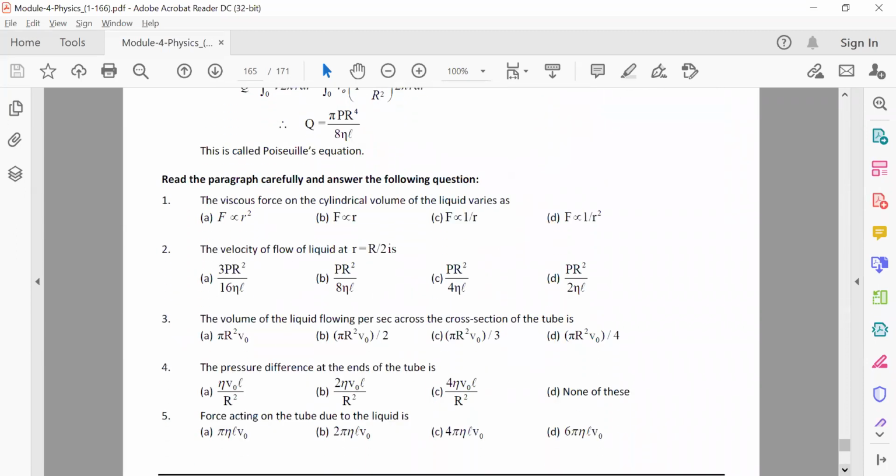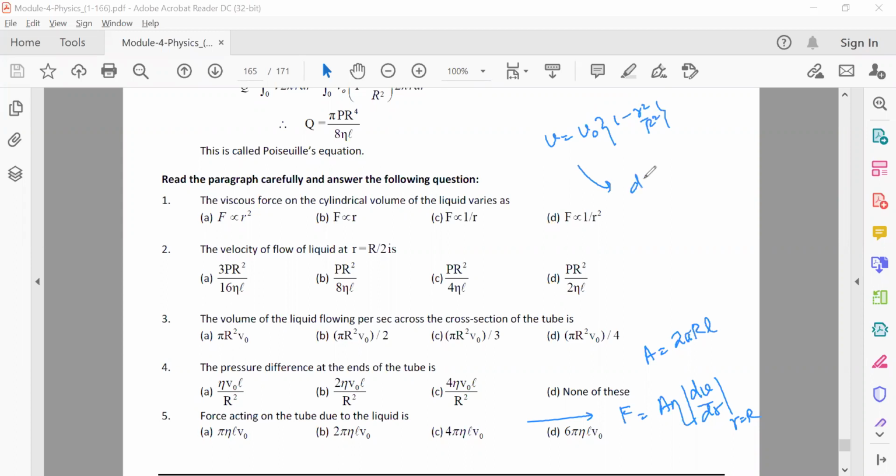So fifth part, force acting on the tube due to the liquid. Okay. Yeah, so force acting on the tube will be the surface area of the tube into the coefficient of viscosity into the magnitude of the velocity gradient at the point r equal to capital R. Okay. So surface area will be 2 pi R L. Okay, and velocity we had just seen was like this, right? It was V naught into 1 minus r square by R square.